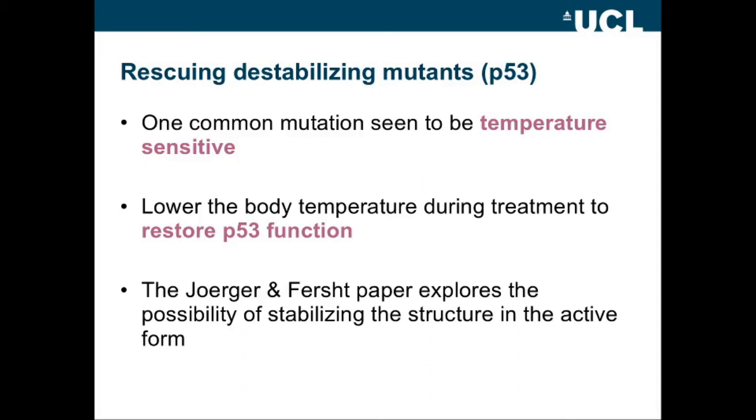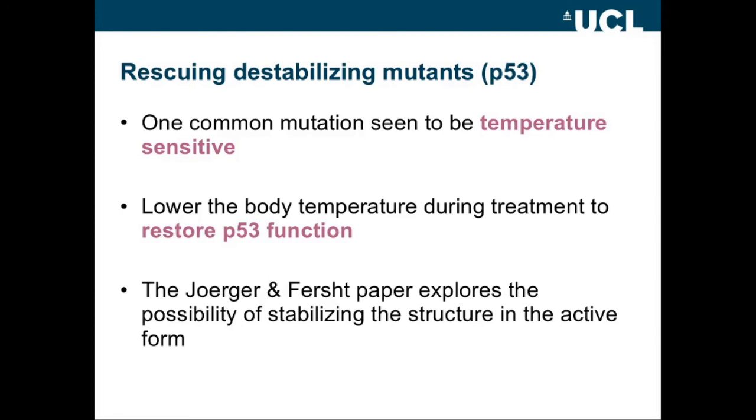It's a protein which is involved in detecting DNA damage, slowing the cell cycle to allow repair enzymes to do their work, and if the damage is too bad, then it triggers apoptosis, programmed cell death. So it's estimated that around half of human cancers have a mutation in P53, which then allows other mutations to accumulate and therefore lead to cancer.